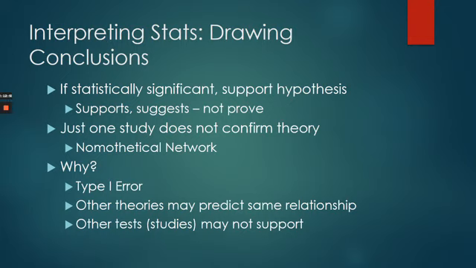We want to look at other possible explanations. And obviously other studies that look at this research question might not support the theory. So again, we want to look at multiple studies done by multiple people using different methods because it's really that bulk of evidence that tells us whether a theory is worthwhile or not.